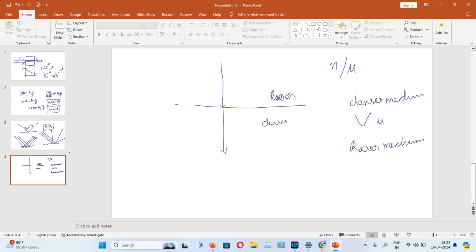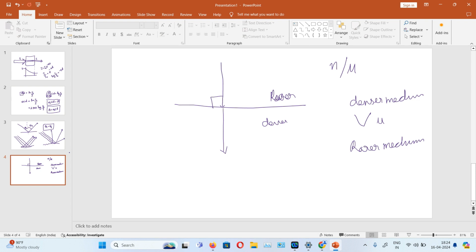This is called normal incidence because the light passes along the normal of the surface. The normal is perpendicular to the surface, and the light is also passing along that normal.